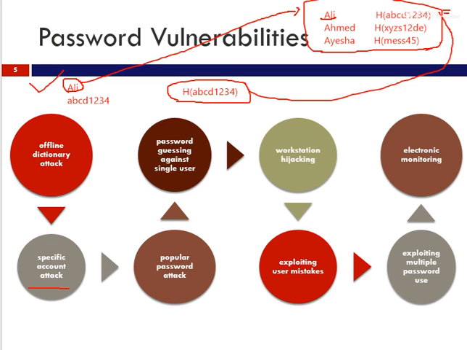Because the encrypted password is in effect the password and can be observed and even reused by an adversary. For example, you send an encrypted password on the network, the attacker captures it, you log off from the system, the attacker logs in again with your user ID and just replays that encrypted password on the network. That encrypted password will be accepted by the server as a valid password. It is possible. So electronic monitoring is just an eavesdropping attack.